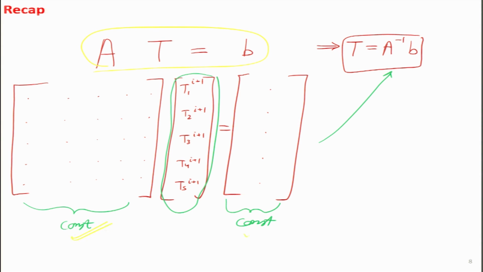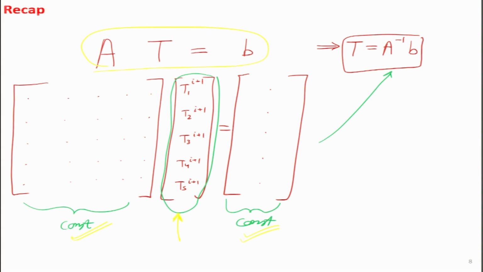So these two are constants over here and only thing which is unknown is the temperature. So at each time interval we can calculate the value of temperature by focusing on the previous time step temperature. That is what these superscripts I plus 1 stand for. And today we will be starting convection.